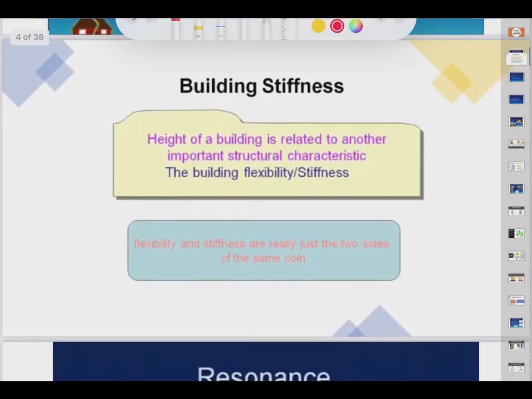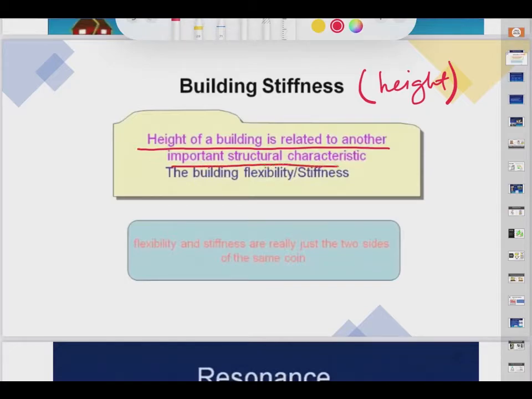So this building stiffness is very much related to the height of the building. Okay. Now it is written that the height of a building is related to another important structural characteristic, that is building flexibility or stiffness. Stiffness is represented by K and flexibility can be represented by F also.